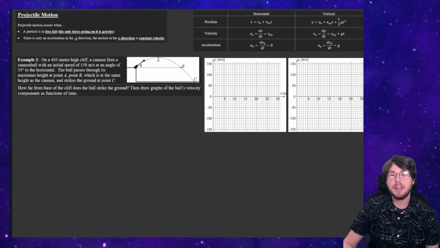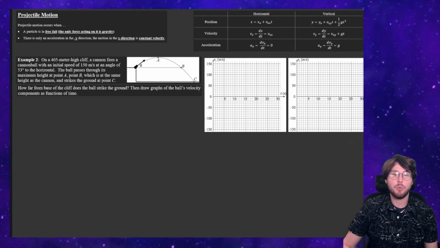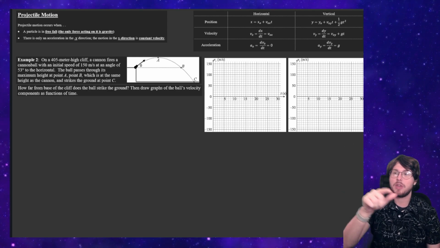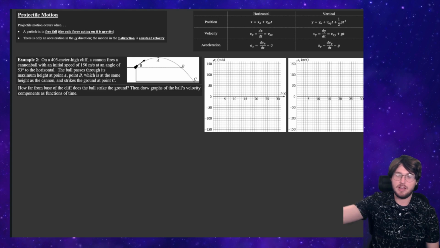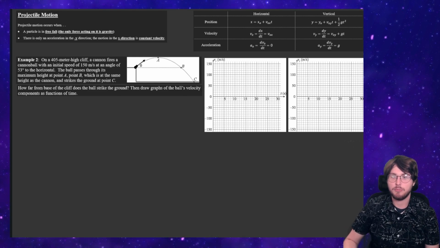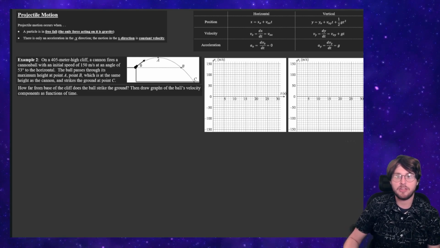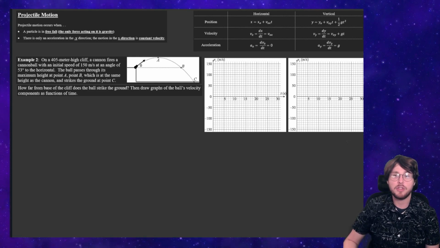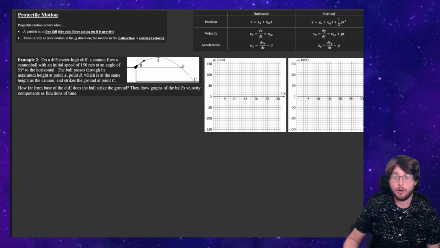And while you can use the quadratic formula to solve this problem outright, I would prefer to solve it in pieces so that you get more information about the object's motion as it travels between each of these points. So I'm going to be doing it that way, but if you would like to pause this video and solve it the way that you think is best, I want to encourage you to do so.